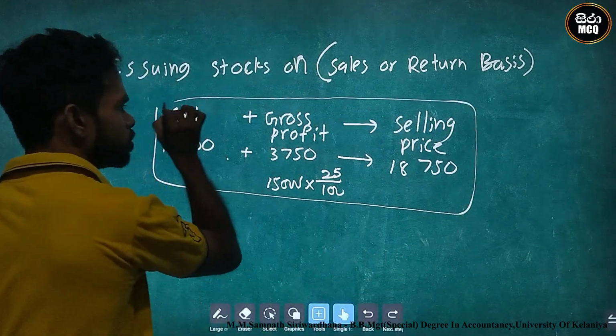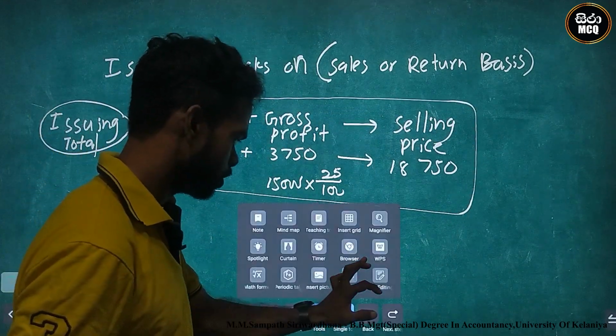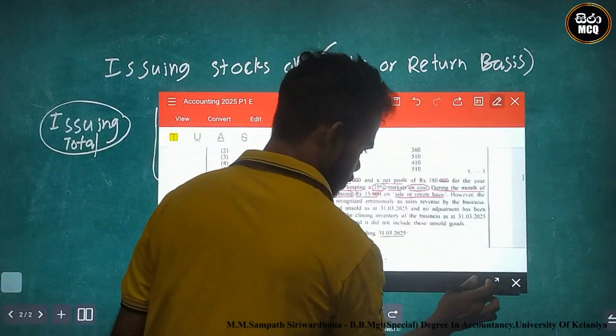There is an issuing of some goods. What's the next point?